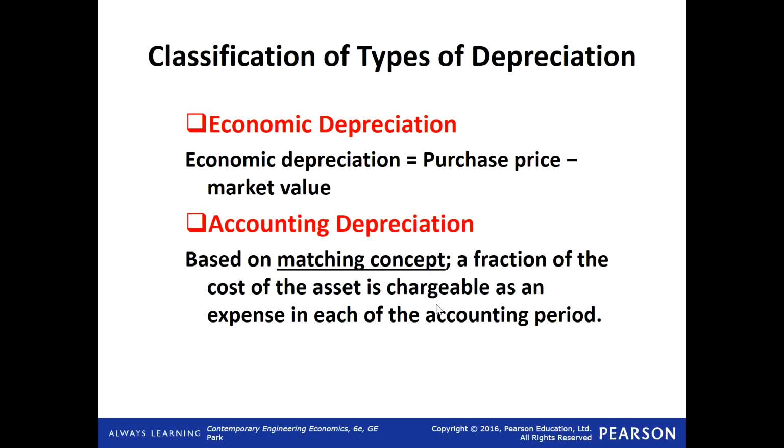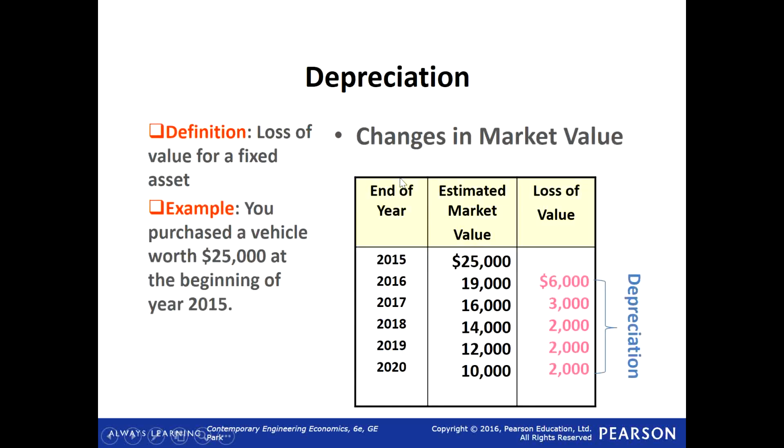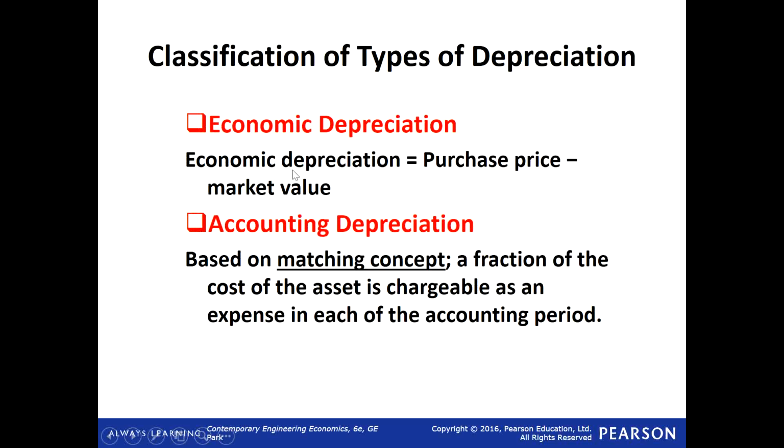The example which I have shown you on my Excel sheet was for this one. Economic depreciation is very simple. What I have shown you here is what we call economic depreciation. What is economic depreciation? It is purchase price minus market value.